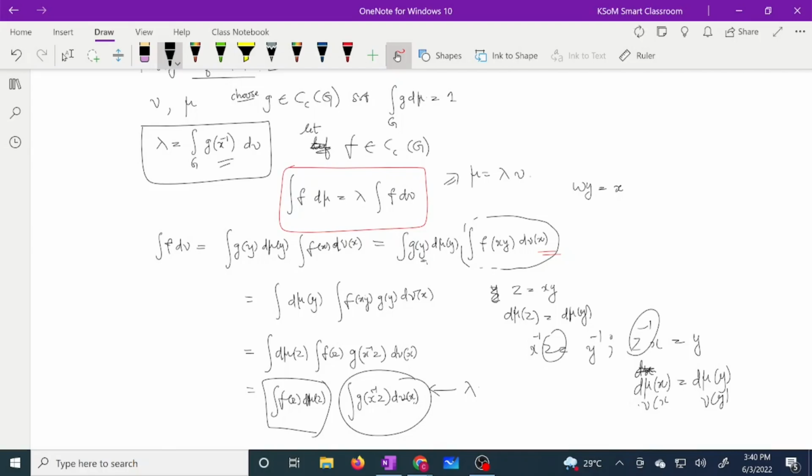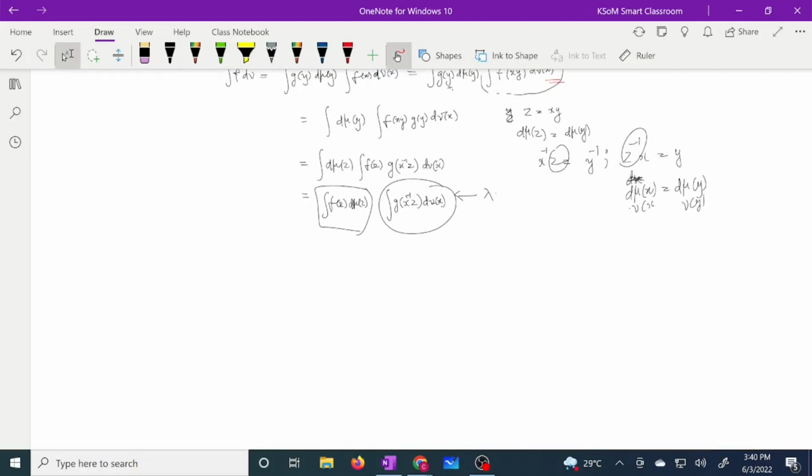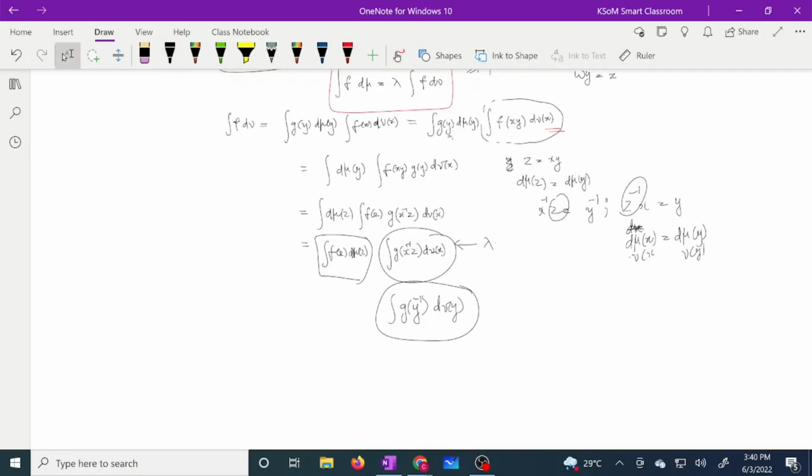If I do this, then this thing will be the integral of g of y inverse d nu of y. This was my lambda. So the integral of f d nu is lambda times the integral of f d mu for every f.